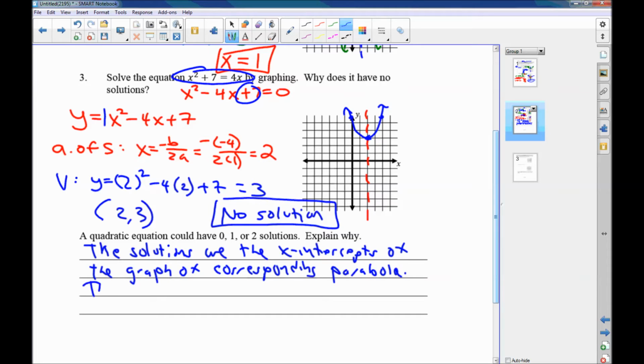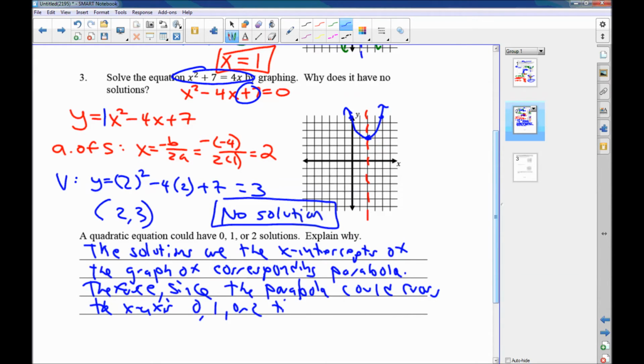Therefore, since the parabola could cross the x-axis zero, 1, or 2 times, those are the number of solutions.